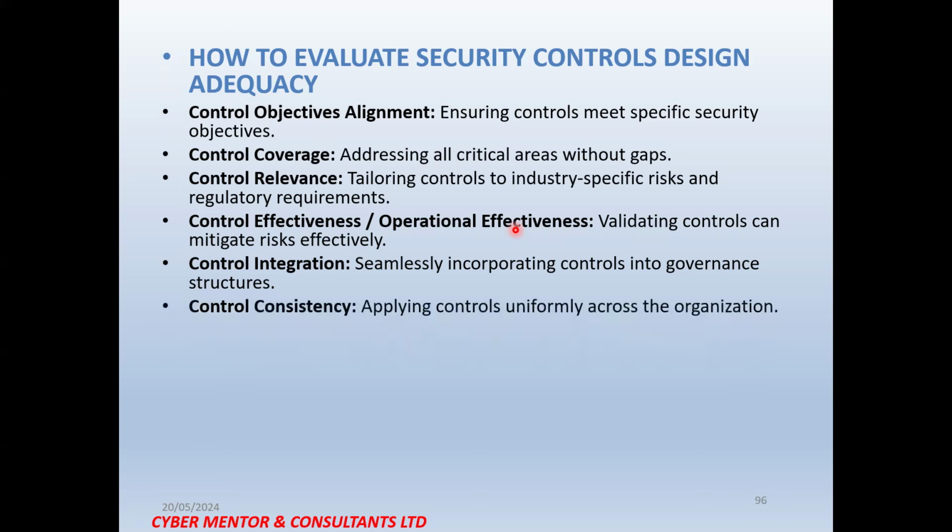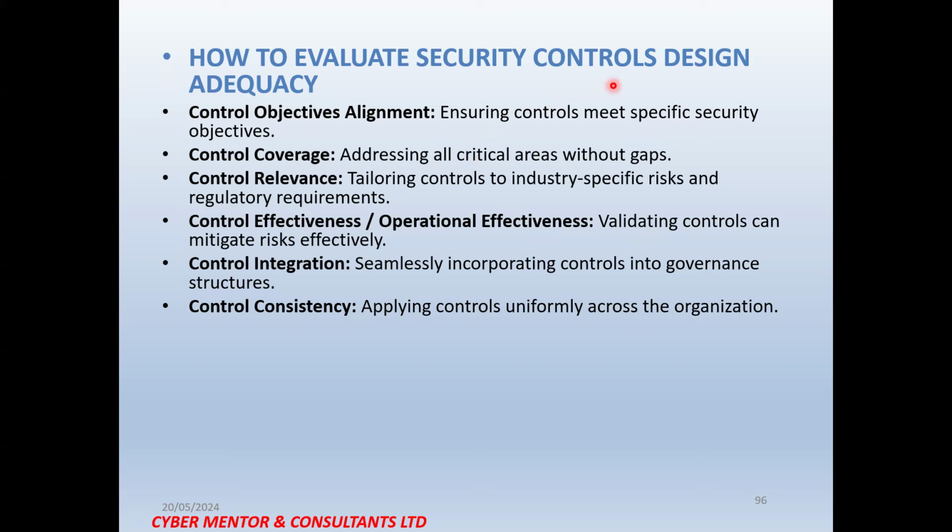And then let's look at control consistency. Consistency in application of these controls. Remember, we're talking about design adequacy. So we're talking about consistency. Is it applied the same way across the organization?